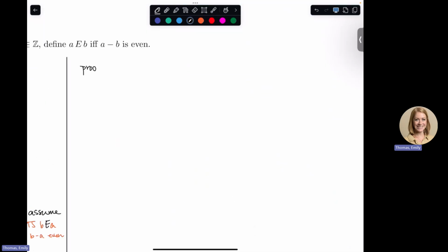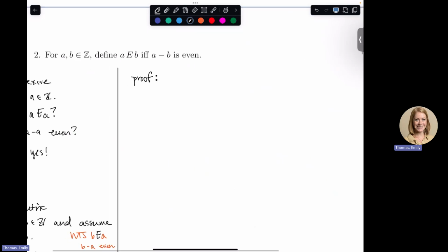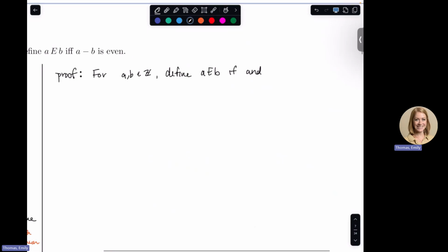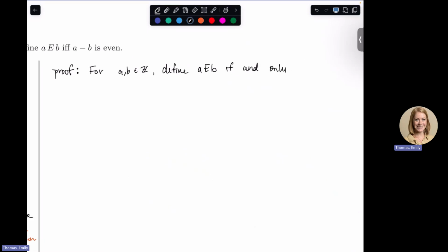Proof. Define a relation E. Sorry, no, I don't like it. I'm just going to write that sentence again. For A, B in Z, define A E B if and only if A minus B is even.